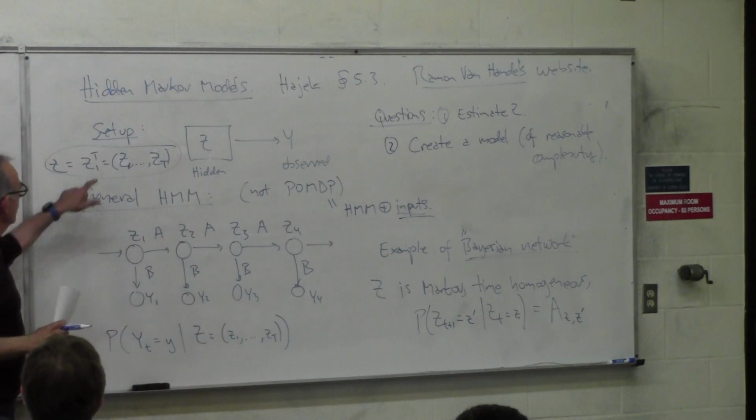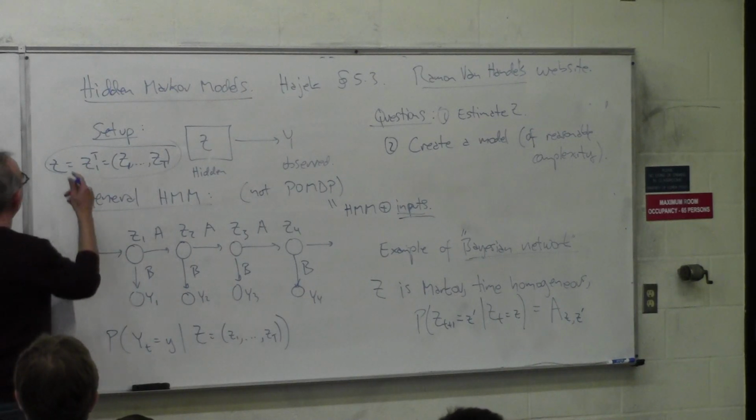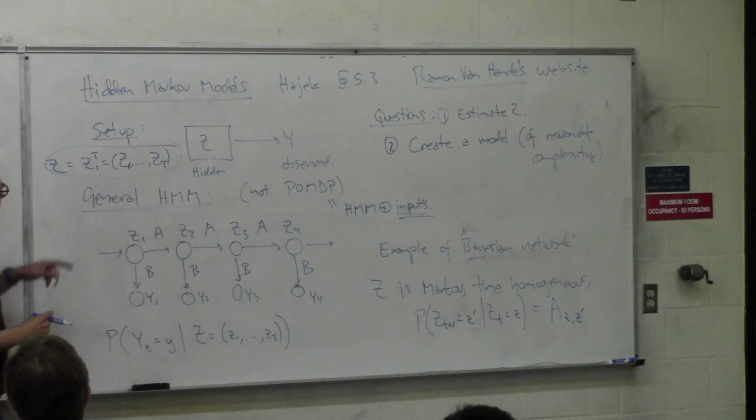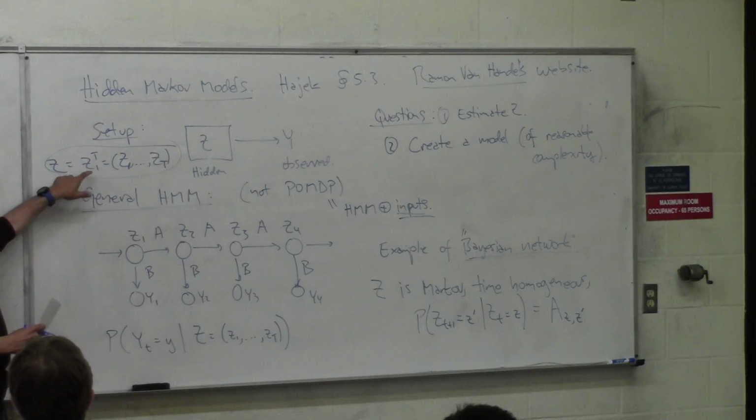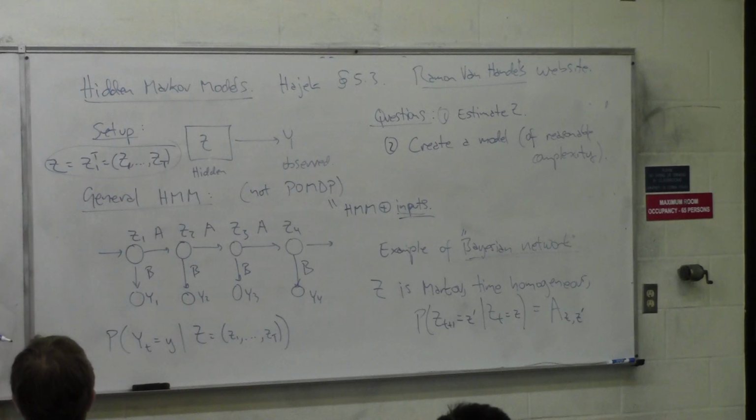Okay, so we're going to have a finite history that we're going to be looking at. So there's the same notation: Z is the same as writing Z_{1:T}, which is the same as writing this long string notation here as well.